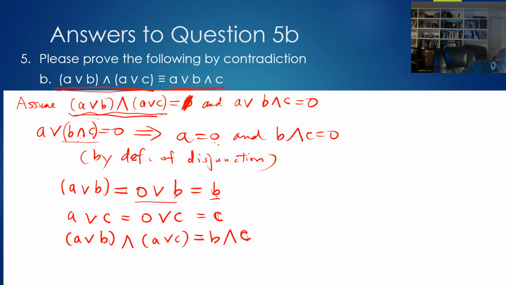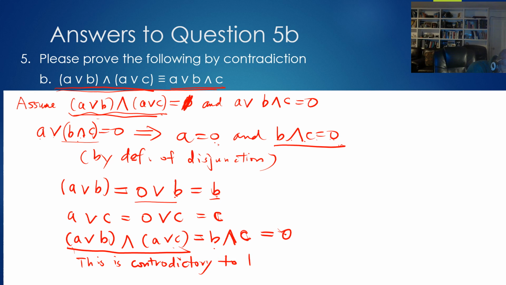Now, do you see the contradiction here? Because we know, based on this assumption, we got B and C equals 0. So this is actually 0. So B and C is 0. Now, what does that mean? That means A or B and A or C is 0. So this is contradictory to the assumption.